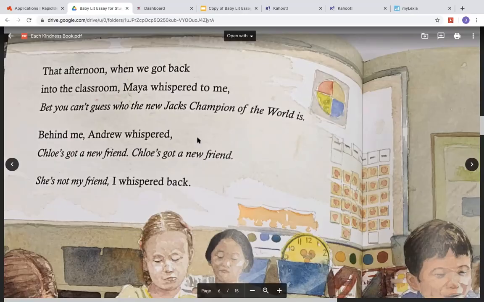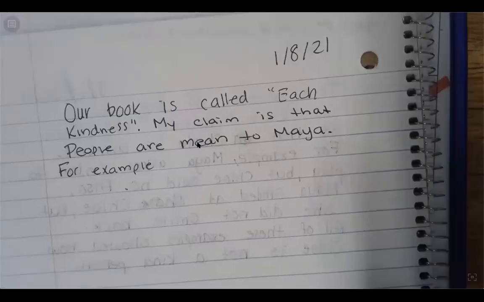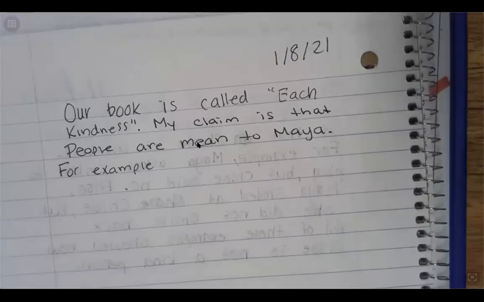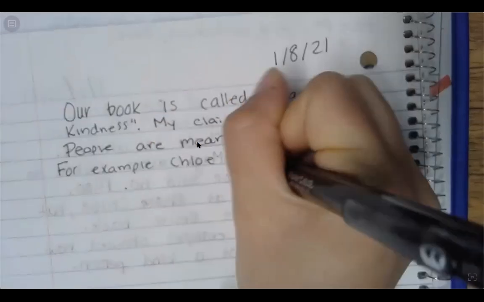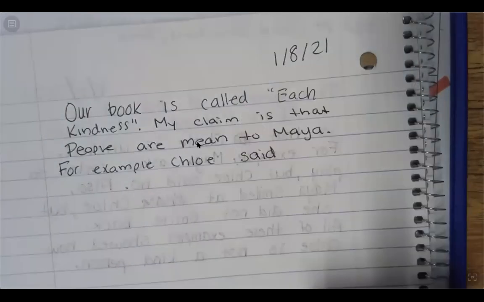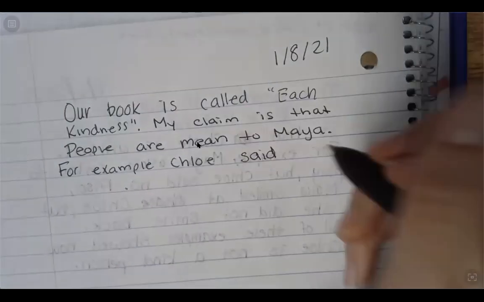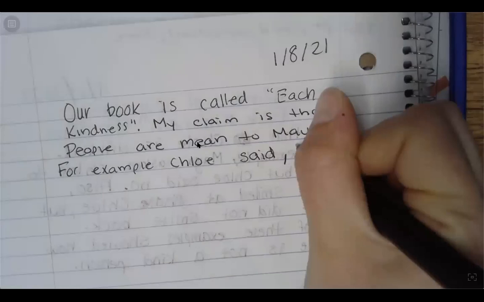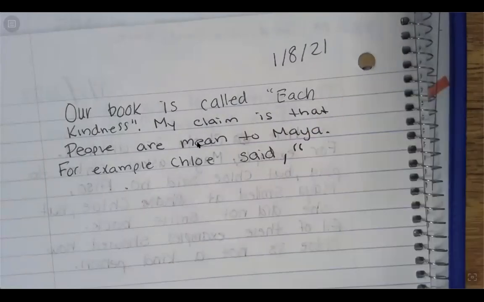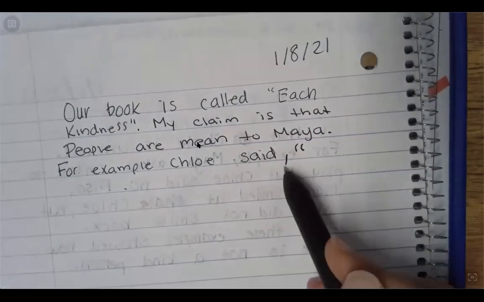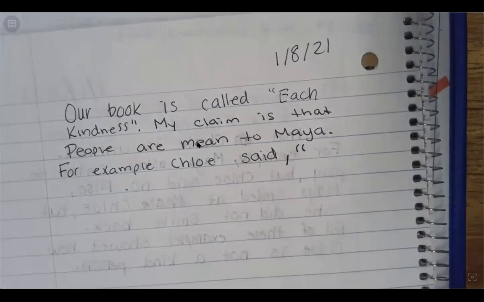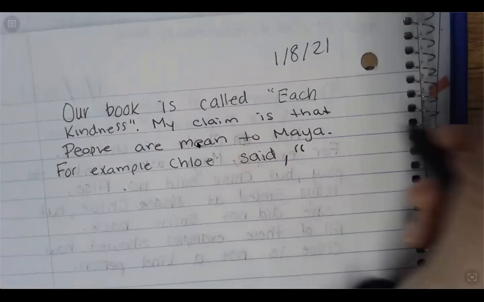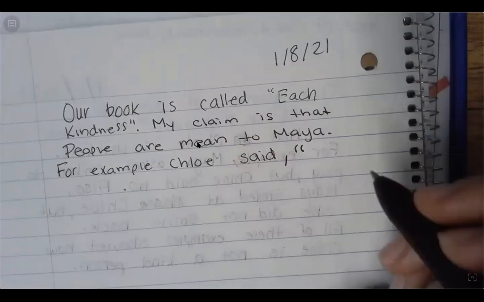So let's go back to our paper. This is how we write it. For example, Chloe said. This is how we write a quote. Ready? You put a comma and then 2 quotation marks, like 2 kind of air quotation marks. And then you just write exactly what Chloe said.